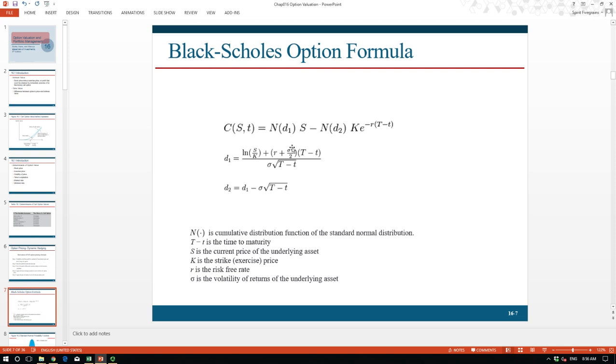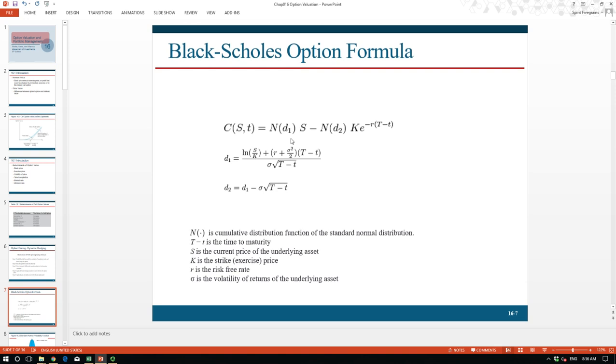Right? And we have two probability measures here, N(d1) and N(d2). N(d1) measures the probability that the option will be in the money, and this probability has something to do with all 5 factors.